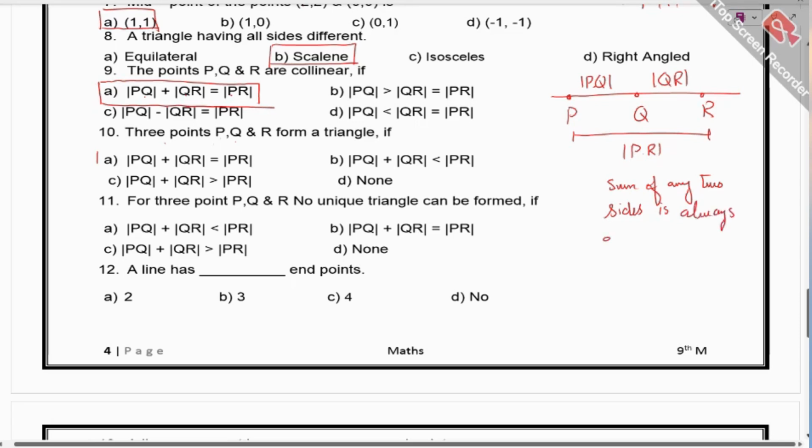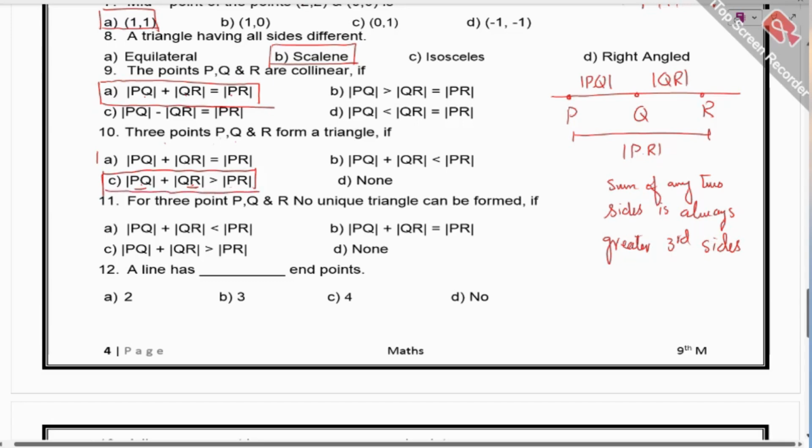So here you will see if P, Q and R are forming one triangle, we can simply say that PQ plus QR, the sum of two sides, is always greater than the third side. So option C will be the correct option here.